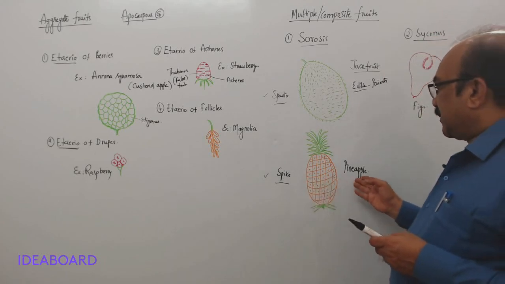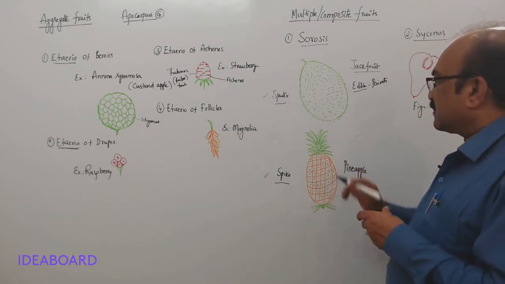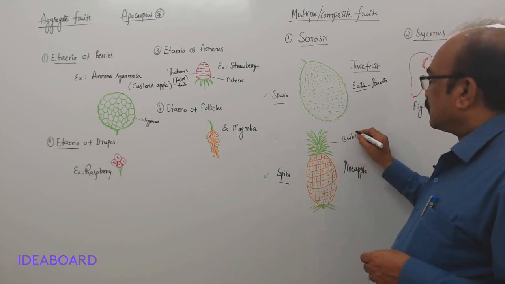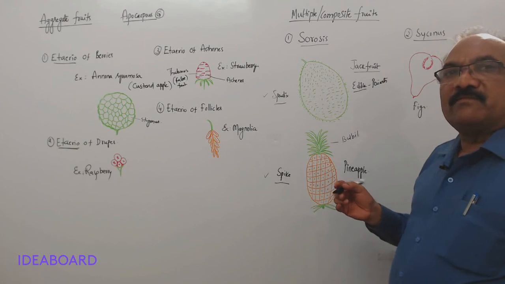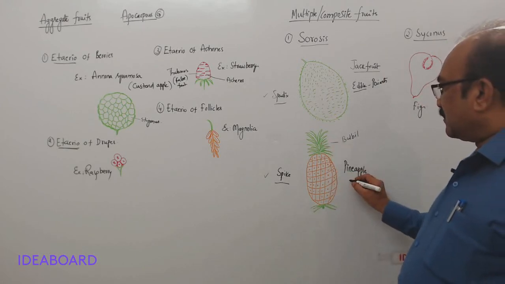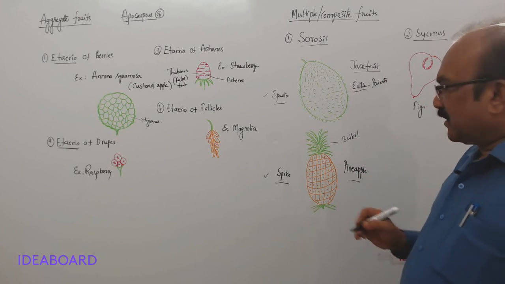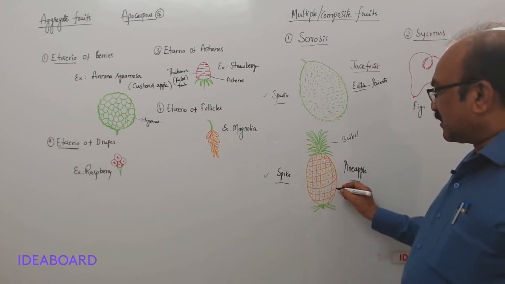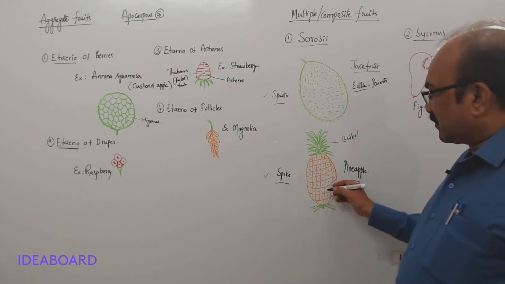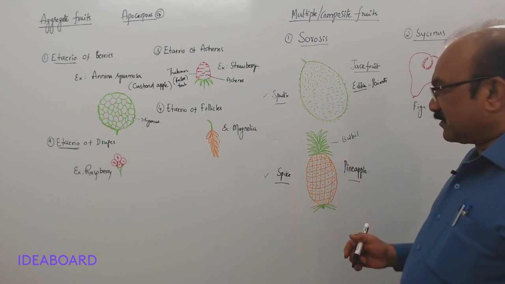Okay, and this is pineapple, and of course you can see here this is the bulbil, which is used for vegetative propagation. So the fruit with bulbil is pineapple, and it has developed from spike inflorescence, and these are all stigmas fusing to form a single fruit.